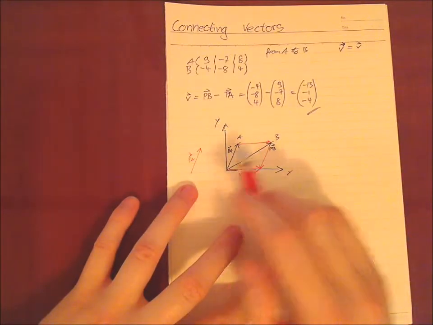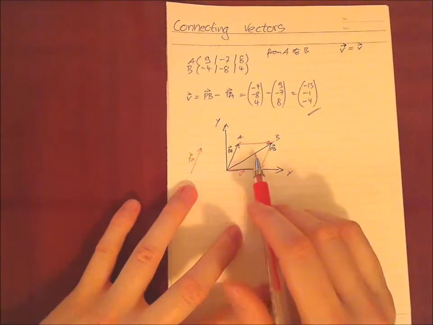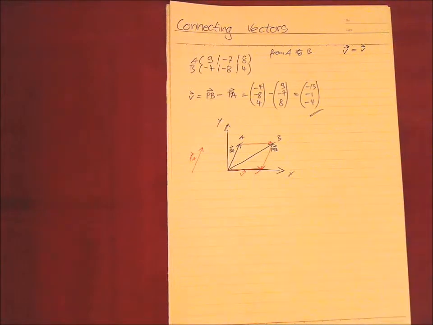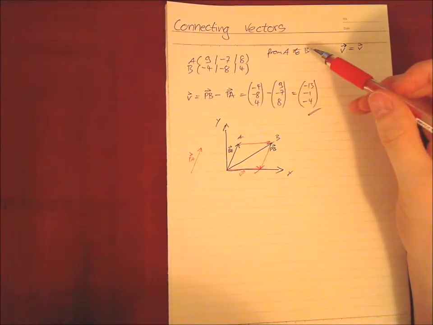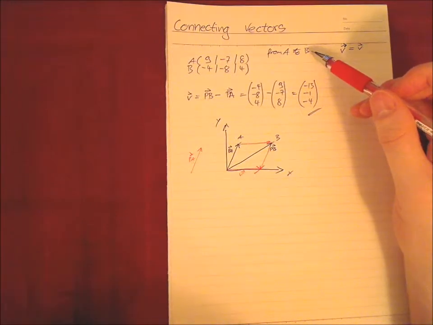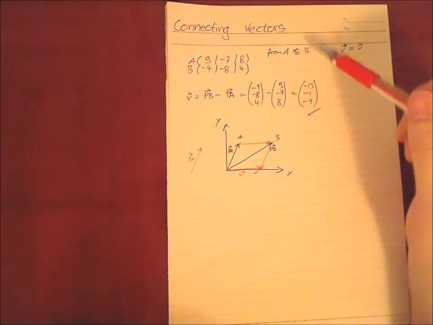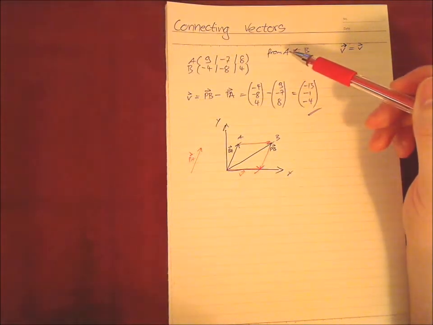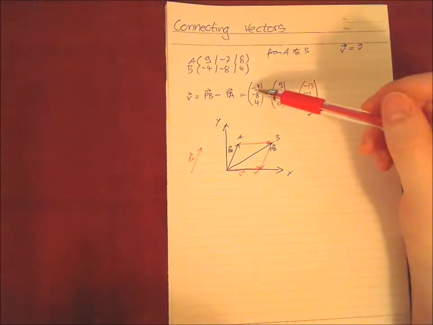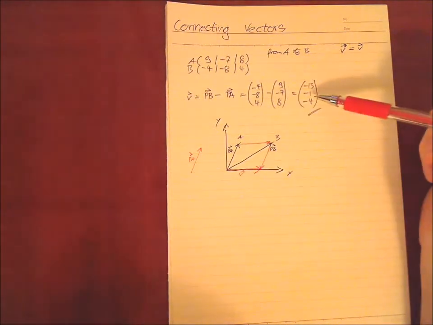So just to be sure about the definitions, but the calculation of the connecting vector, as we saw, is quite easy. We just take the position vector of the destination point and subtract the position vector of our point of departure. Then we just do a little bit of subtraction, then we already have it.